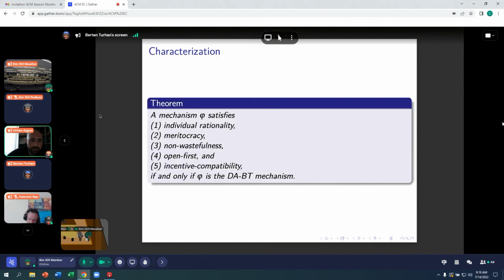Okay, so the DABT mechanism is the only mechanism satisfying individual rationality, meritocracy, non-wastefulness for positions, open first, as I said, one of the legal requirements, and incentive compatibility. So by those five properties, we can characterize the DABT mechanism.